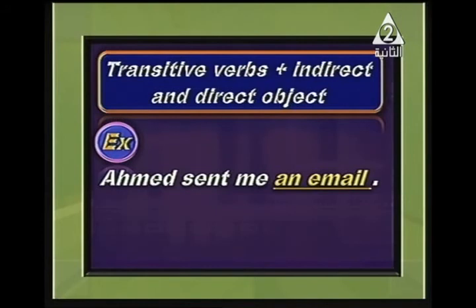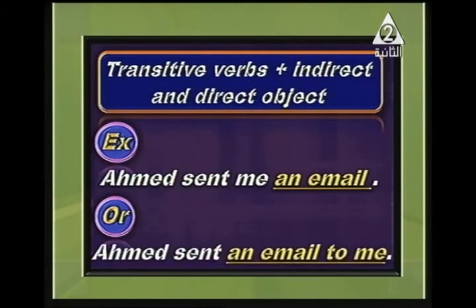Yes, right. The indirect one is me. Now if I tell you to put the preposition "to," the answer will be, yes, right. Excellent my students. It will be: Ahmed sent an email to me. I put the direct object first, then "to," and then the indirect object.